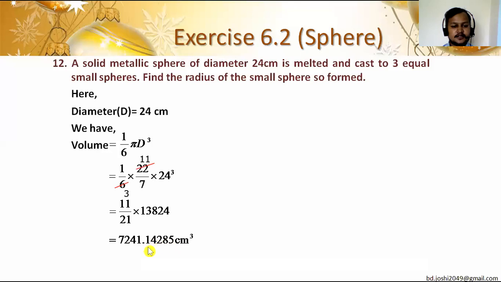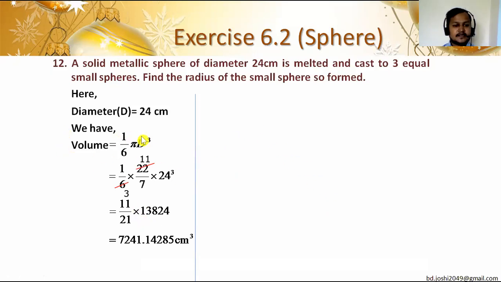I included these other digits also because in the final answer we will write 2 digits. While calculating, try to include as many digits after the decimal as possible. That will give us accurate answers.